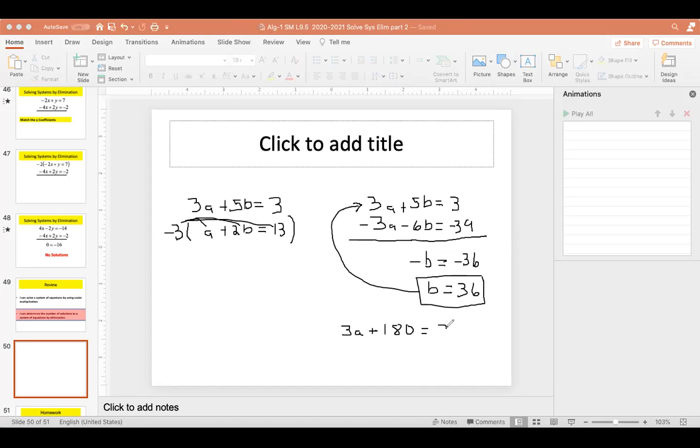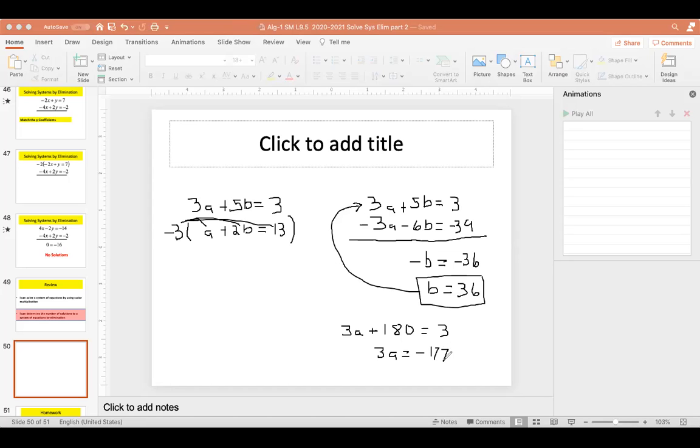Plus 180 is equal to 3. Can you solve that one for A, Haley? I mean, could you take it from there to get what A is equal to? Subtract 180 from both sides, so we get 3A is equal to negative 177. And I sure hope that's divisible by 3.